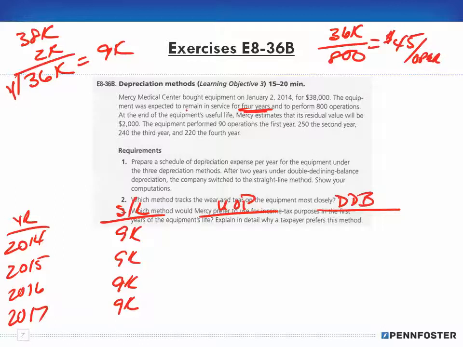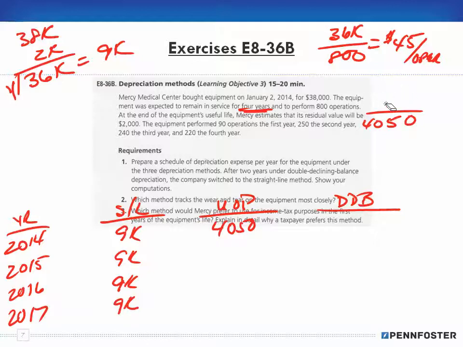So in the first year, it says here there were 90 operations, so 90 times 45. So in the first year, we have 4,050.